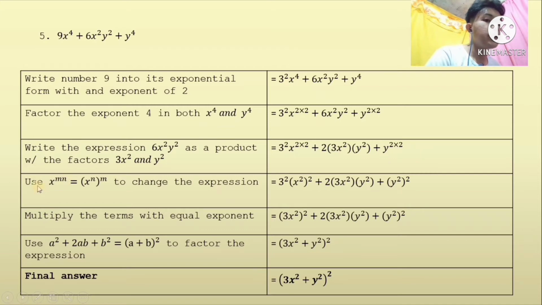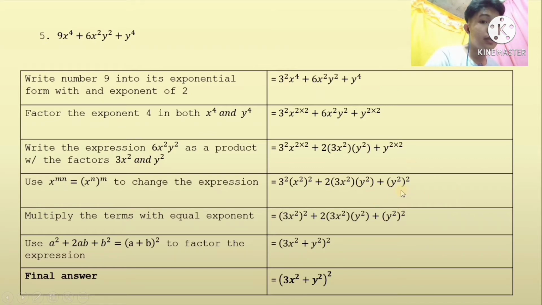Then use x raised to m times n is equal to x raised to n, raised to m, to change the expression. So our equation will be 3 squared times x squared squared plus 2 times 3x squared times y squared plus y squared squared.